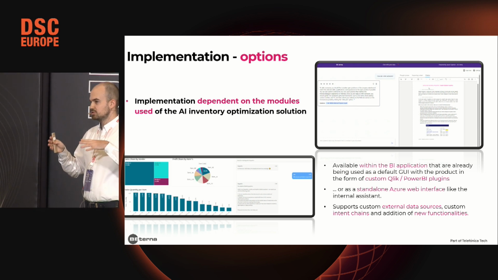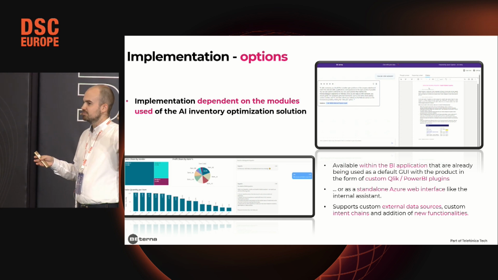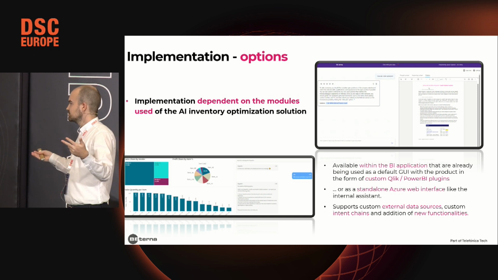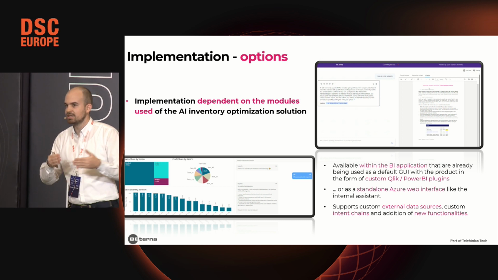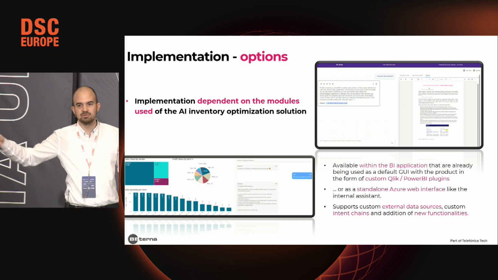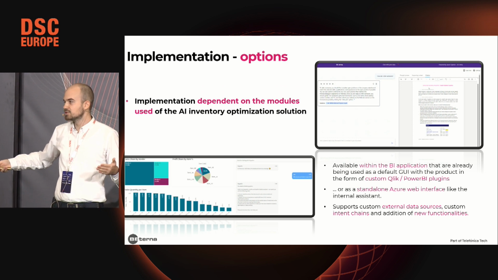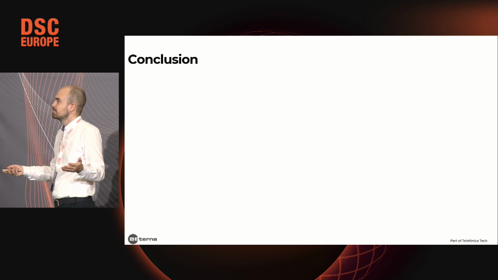It can be customized whether you use Power BI or Qlik or some other BI tool. It can be customized to use a standalone web interface, or any data sources that you need. I said this was an example using big pharma data, like data about the market status of drugs, but it can be easily fitted to any other data you need.